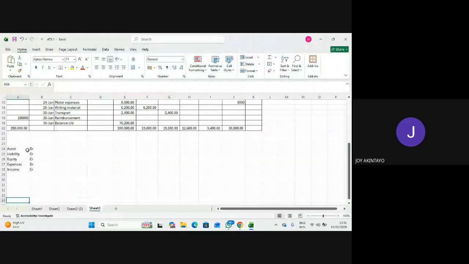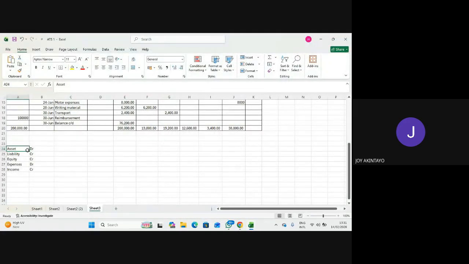So here is what we need to do. Any item we know to be our assets will be debited. Any item that is a liability must be posted on the credit side of your trial balance.